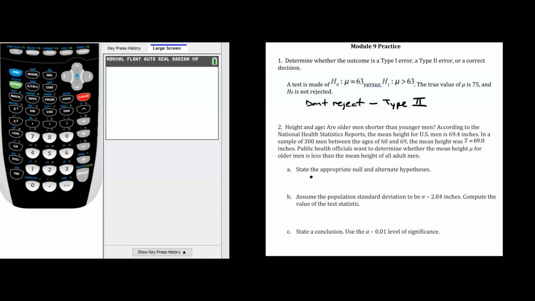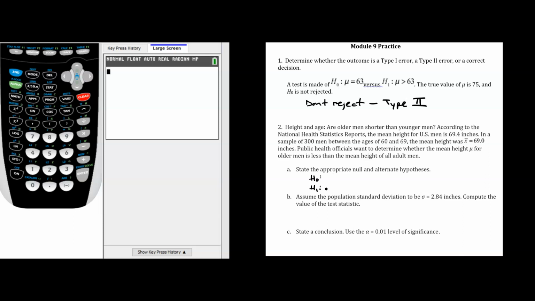And so our hypotheses can be set up, and we see that we are focused on means here. We're talking about mean heights. And this very last statement really embodies what our alternate hypothesis is going to be. It says the officials want to determine whether the mean height mu is less for older men than it is for all adult men.